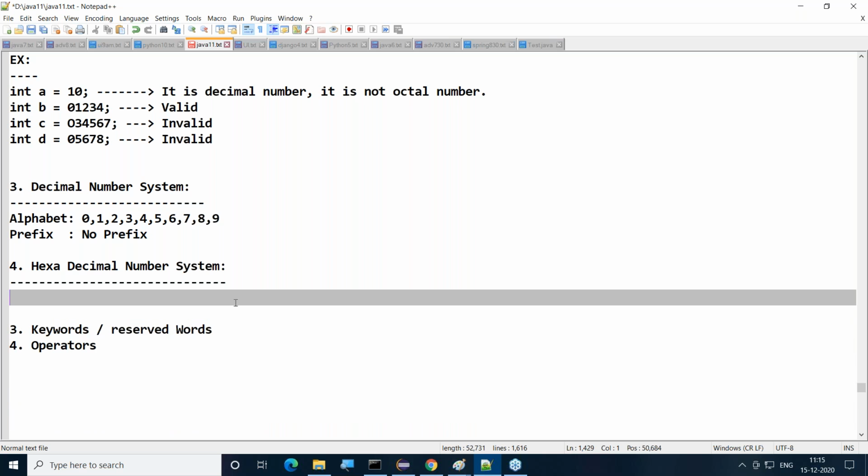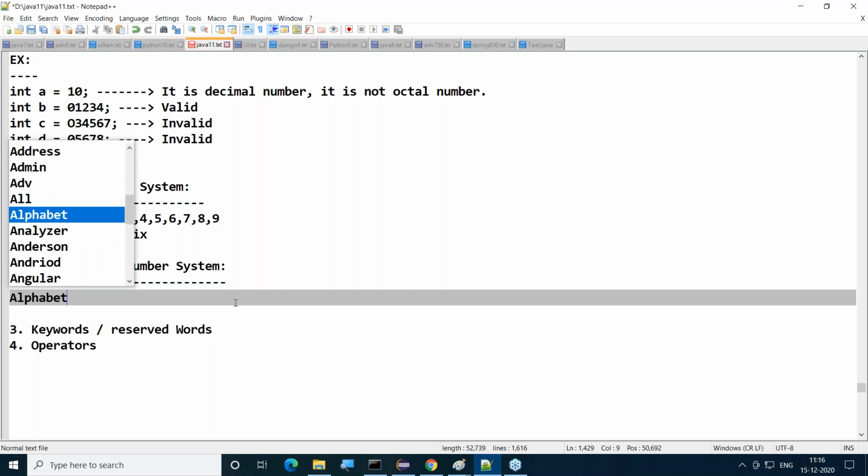Right, now let's move on to the hexadecimal number system. What about the input alphabet?